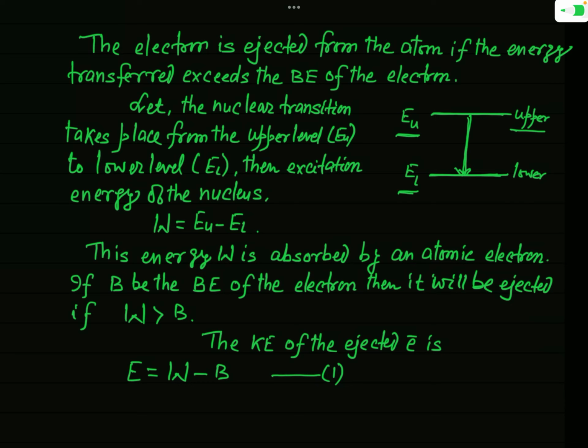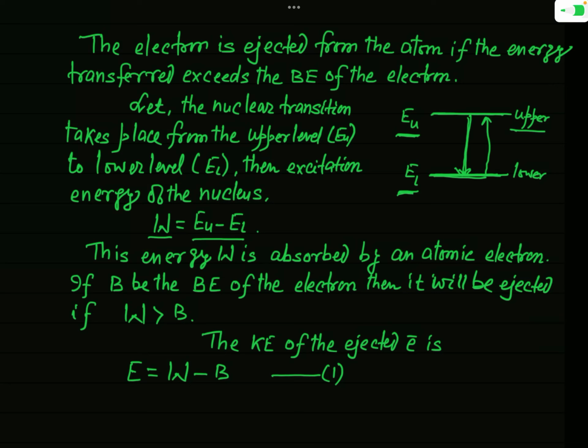If the nucleus is present in the lower energy level and your aim is to excite it to the upper energy level, then this much energy, EU minus EL, will be required. So EU minus EL, which I have assumed equal to W, is simply called the excitation energy. When the transition takes place from the upper energy level to the lower energy level of the nucleus, this much energy, EU minus EL, will be emitted.